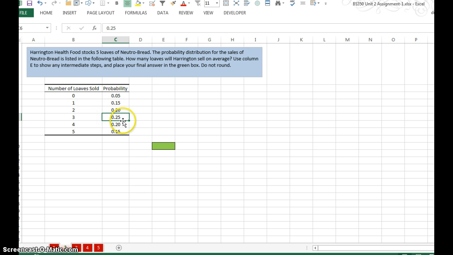We're going to take each probability and multiply it times the number of loaves. So you will have those answers right here. Here you'll put the answer to this times this, and then here this times this. So you'll have all the average number of loaves per probability listed here. Then in this green box, you're going to sum all of these.